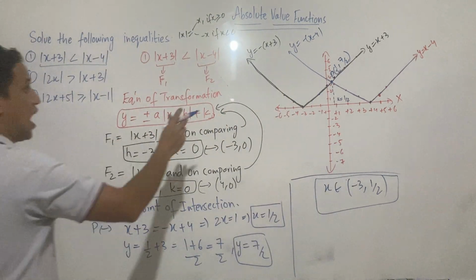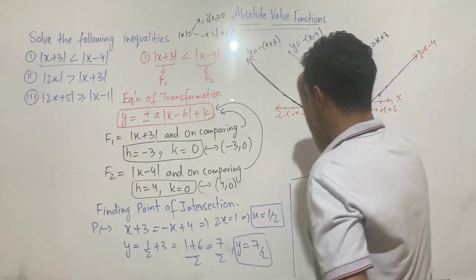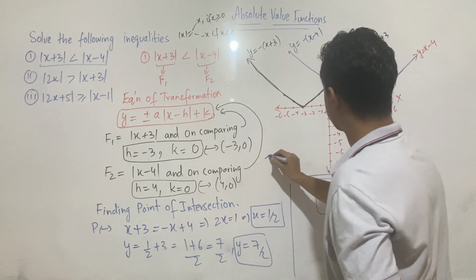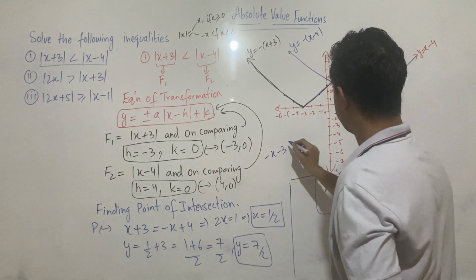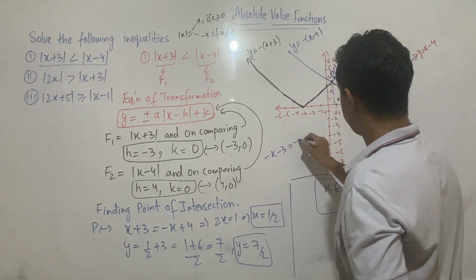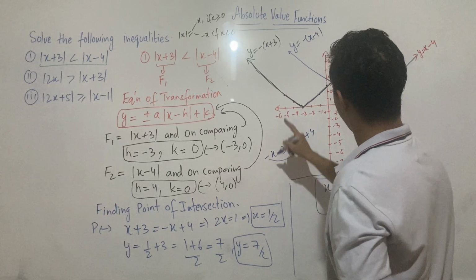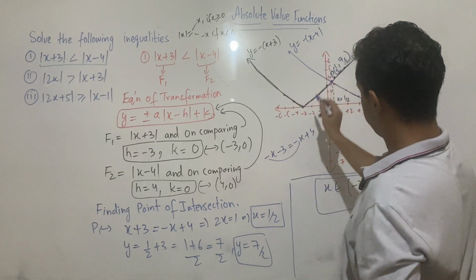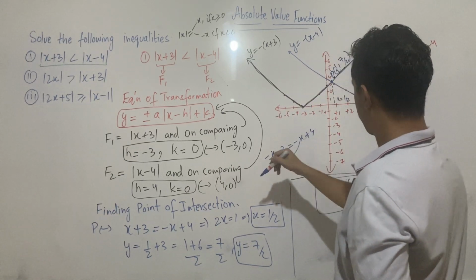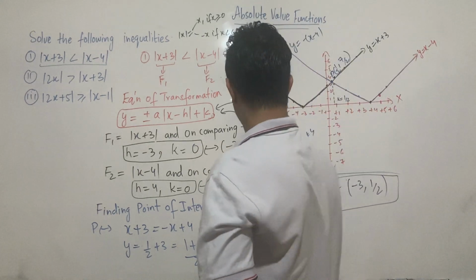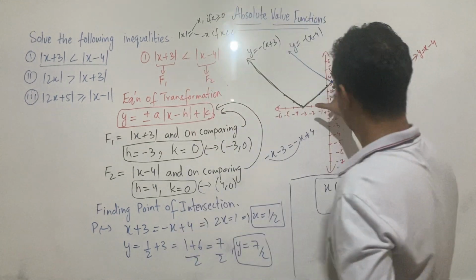I will try to find the point of intersection, if they will meet. Minus x minus 3 is equal to minus x plus 4. So they are not going to meet, right? They are not going to meet.